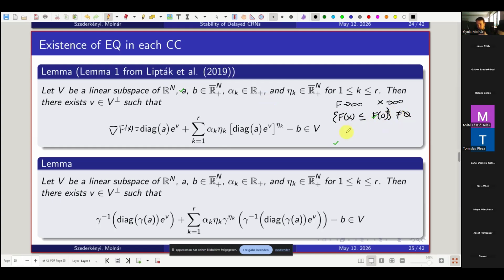And because it's a compact set, f must take a minimum inside of that set. And because it's a minimum, and since we are considering only v's in v perp, the directional derivative in this direction must be 0, so the gradient must lie in v.